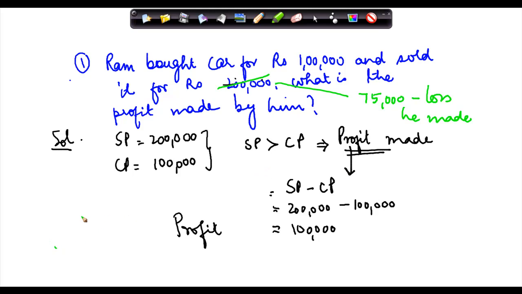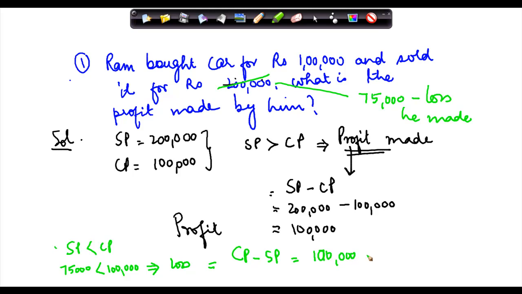In this case, because the selling price is less than the cost price, that is 75,000 is less than 100,000, there is clearly a loss. And how do we calculate loss? Loss is cost price minus selling price. My cost price was 100,000 less the selling price, which is 75,000. So my loss is equal to 25,000.